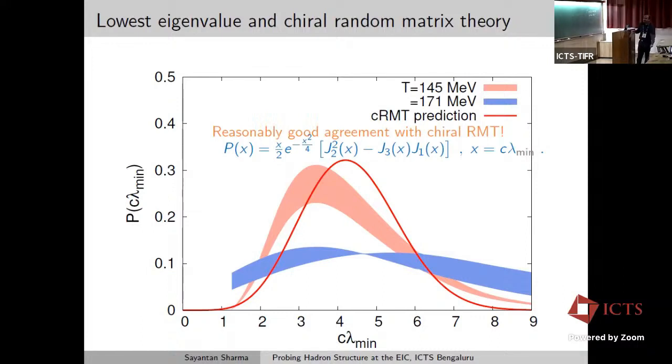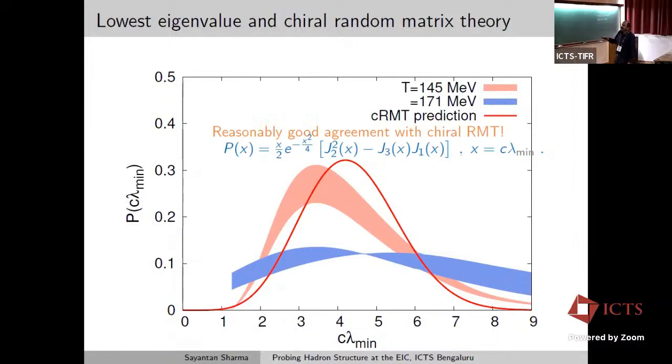This is done to compare with the chiral random matrix theory predictions. So what one sees is that for temperatures lower than the chiral, in the chiral symmetry broken phase, the distribution of the smallest eigenvalue is very similar to what one predicts from the chiral random matrix theory.